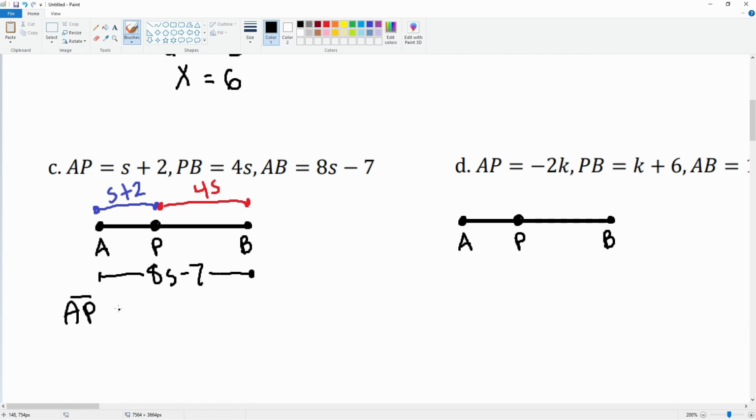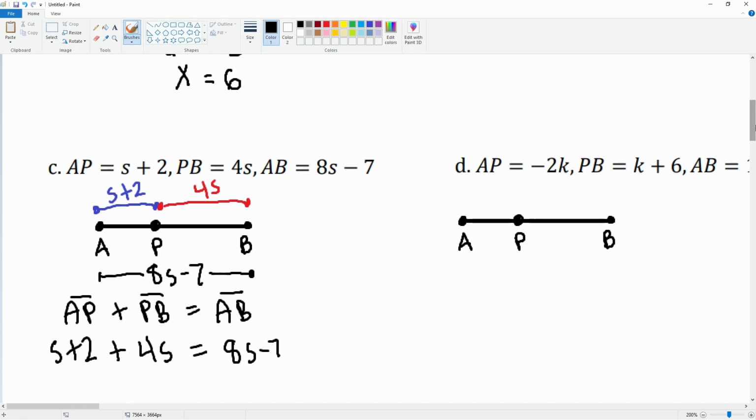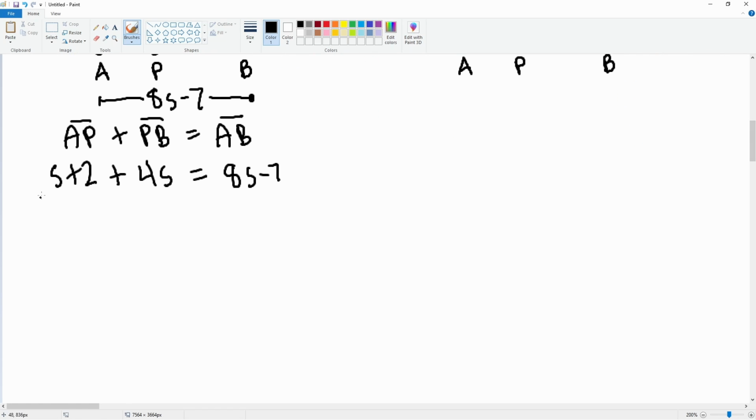Line segment AP plus line segment PB is equal to line segment AB. Plug it in. S plus 2 plus 4s is equal to 8s minus 7. S plus 4s, we combine like terms, that becomes 5s. Bring down the plus 2 is equal to 8s minus 7.